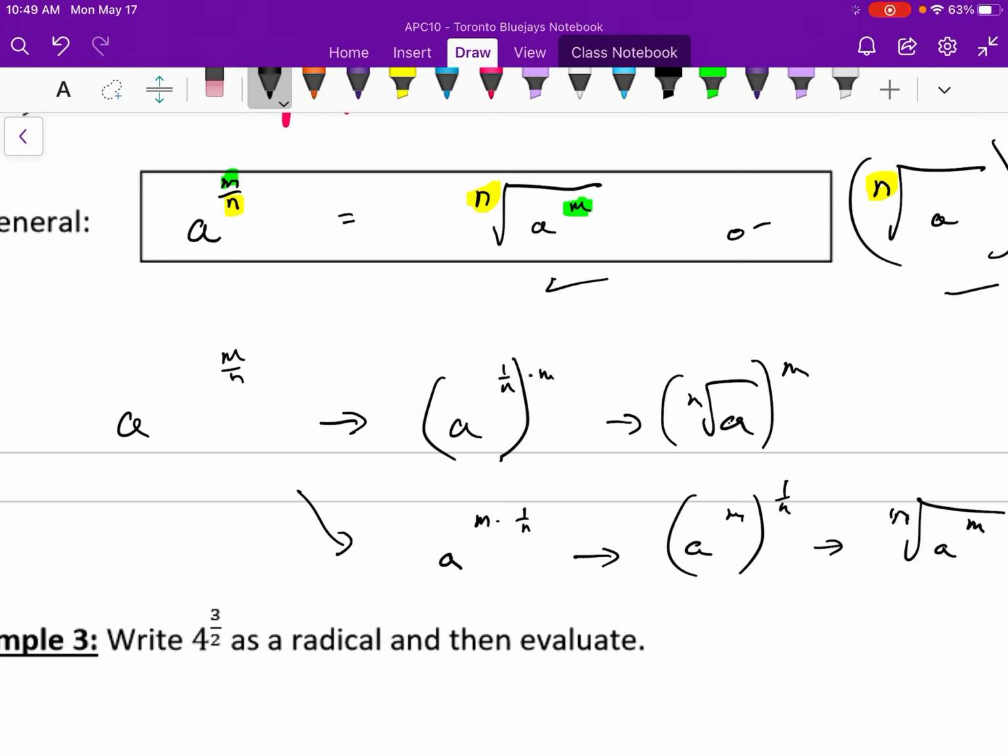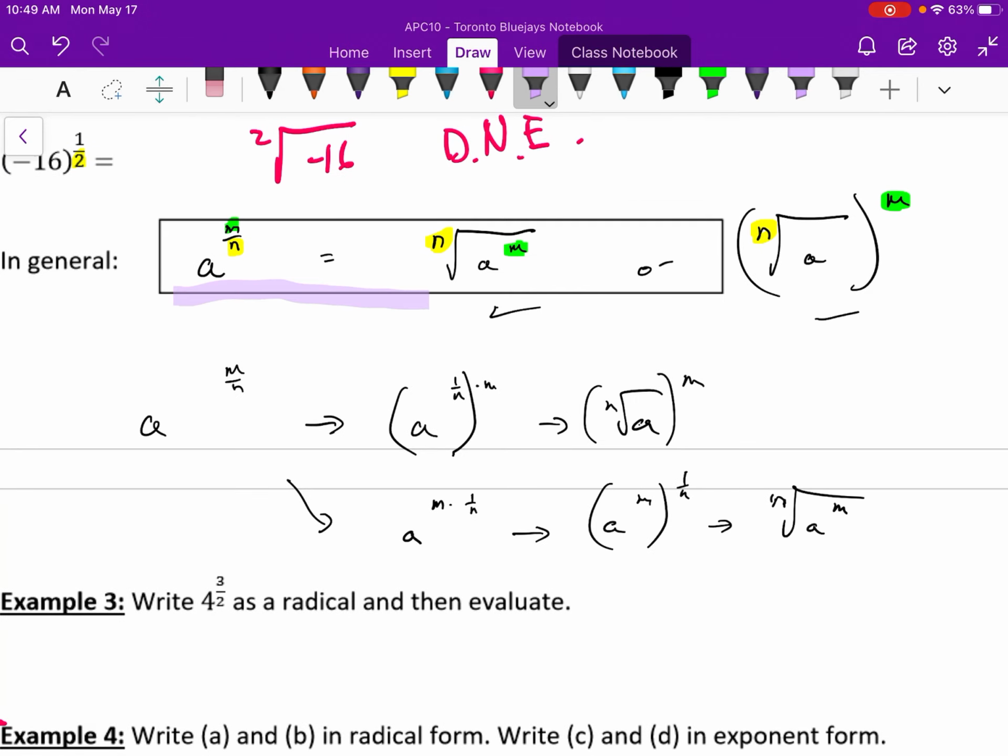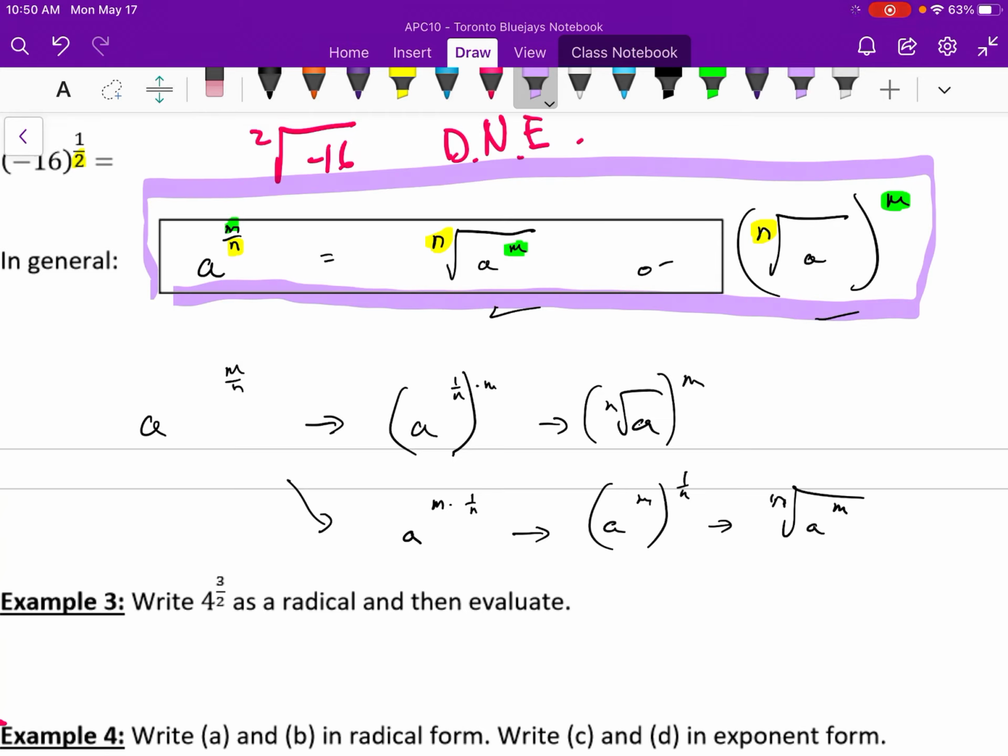Now, take a look at what I've stated above. I'm just going to highlight this in blue. That is true. Which way do you do? Well, typically speaking, this way is going to be the more important one of the two.